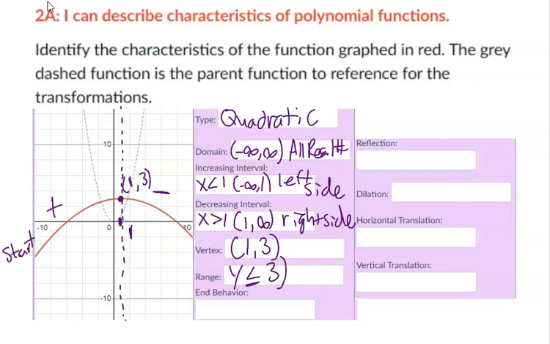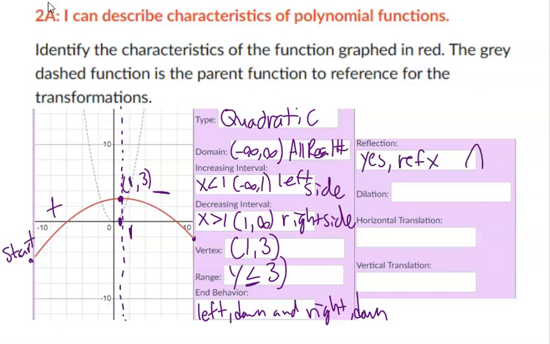End behavior, on the left side is going down, on the right side is going down. Down, down. So we have left, down, and right, down. We have a reflection. When it's upside down like this, it has a max, it reflects.